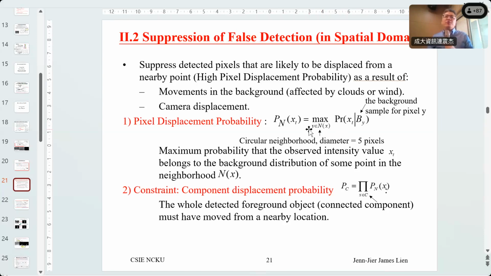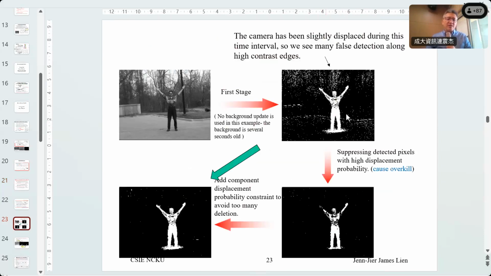I will remove it. Because here, we want the foreground. The white ones are the foreground pixels. But there's noise. So for any pixel, I compare with its neighbors. Suppose this pixel is foreground.